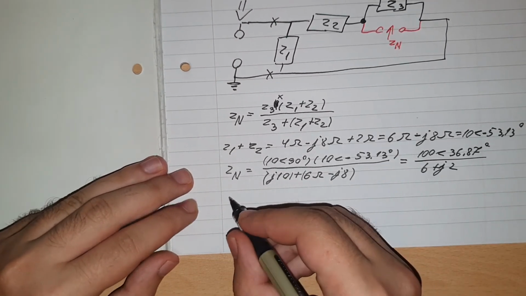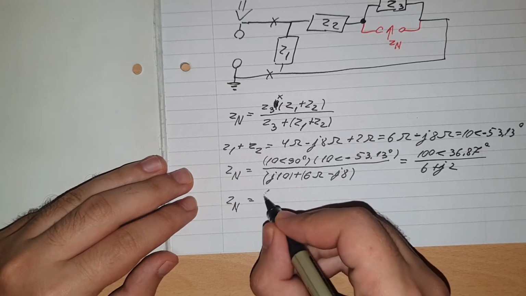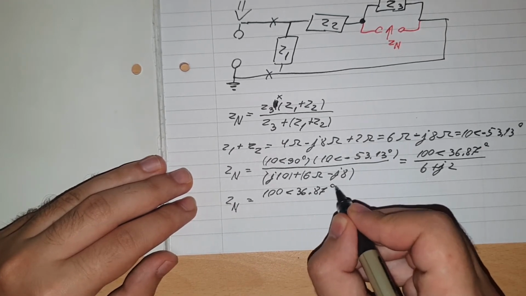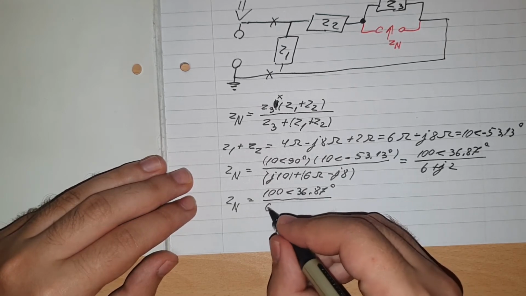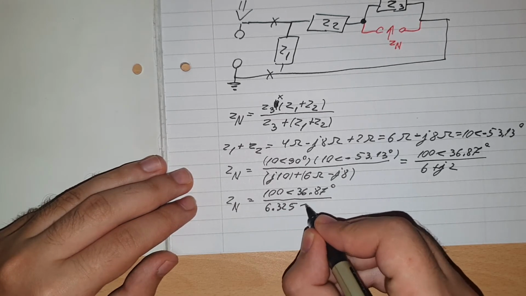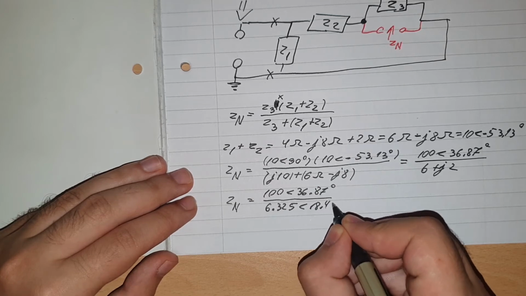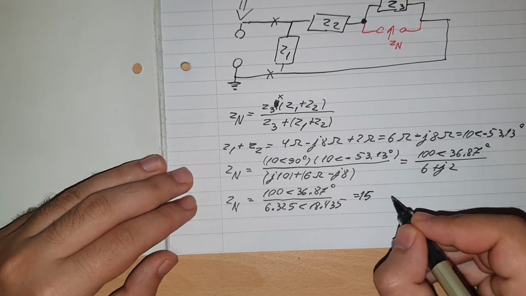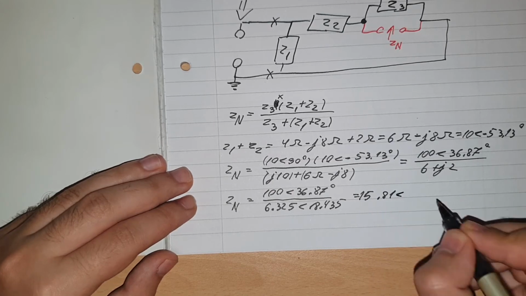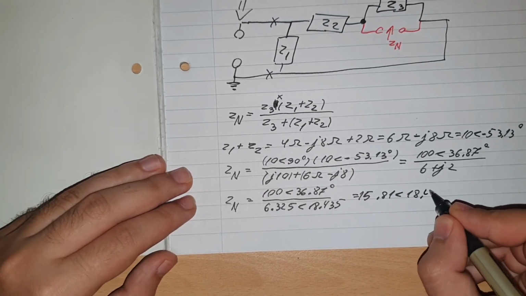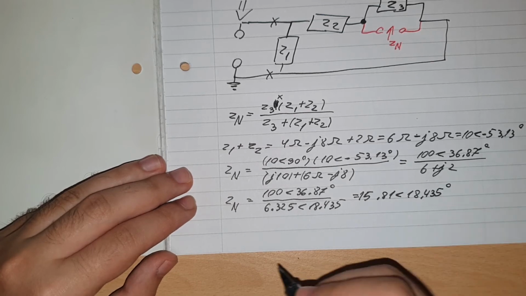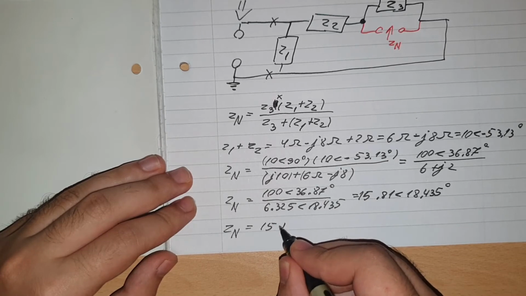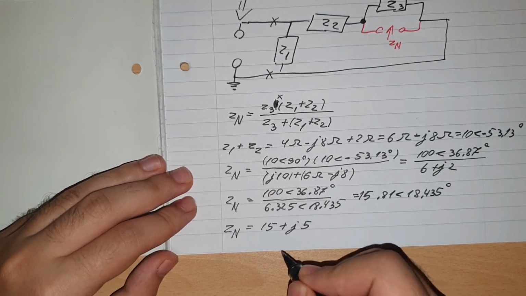So then Zn would be equal to 100 at an angle of 36.87 degrees divided by 6.325 at an angle of 18.435, and that will be equal to 15.81 at an angle of 18.435 degrees. There you go. So the Zn value that we have would be 15 plus j5.